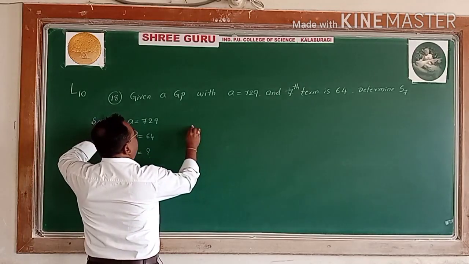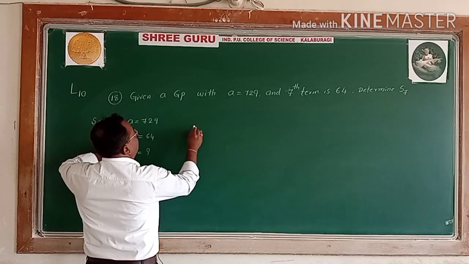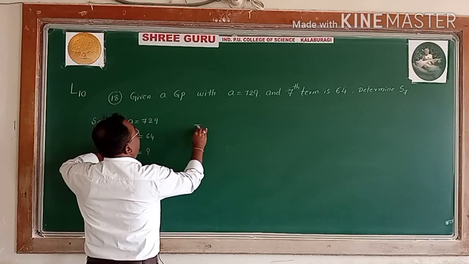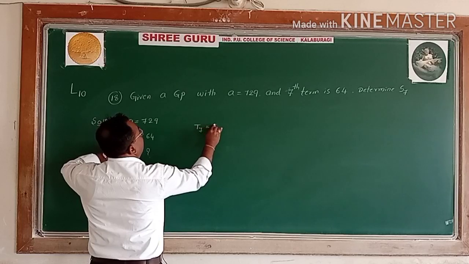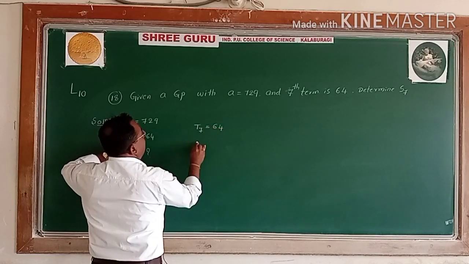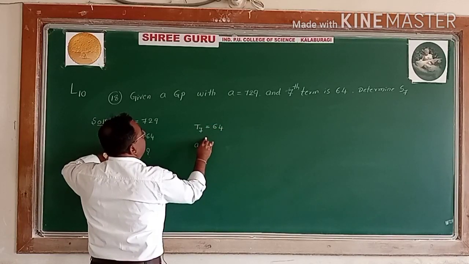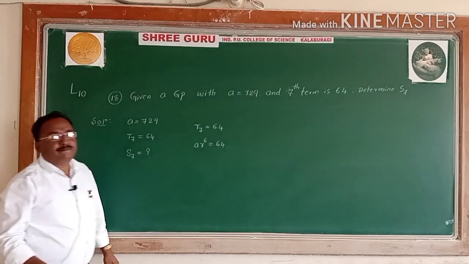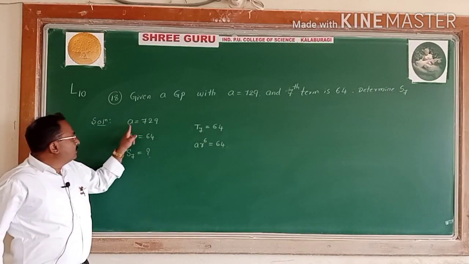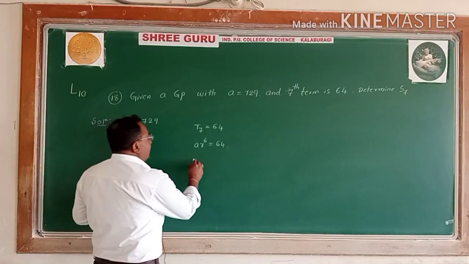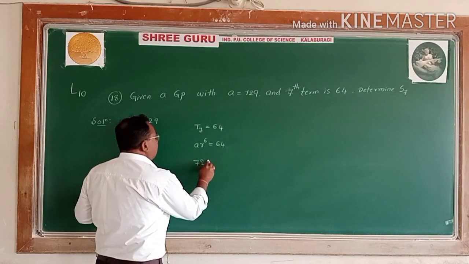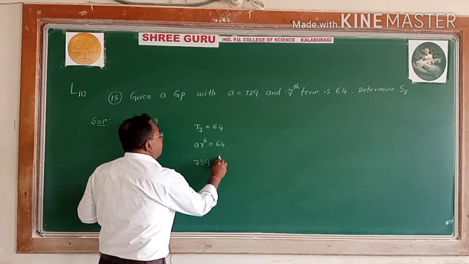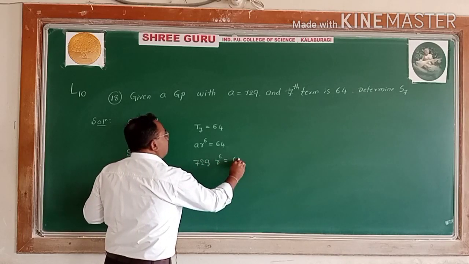T7 is equal to 64. A into R to the power 6 is equal to 64. A is 729, so 729 times R power 6 is equal to 64.